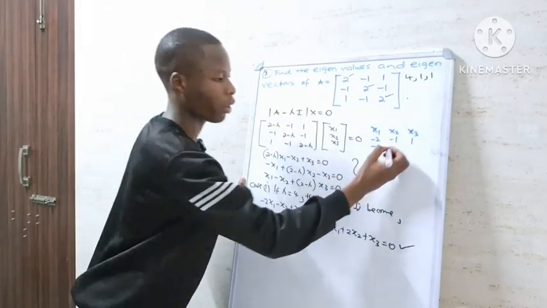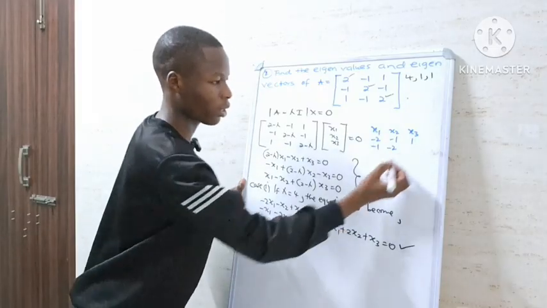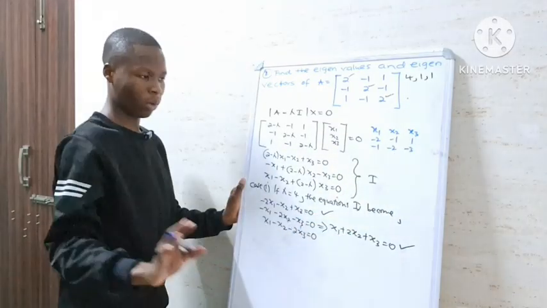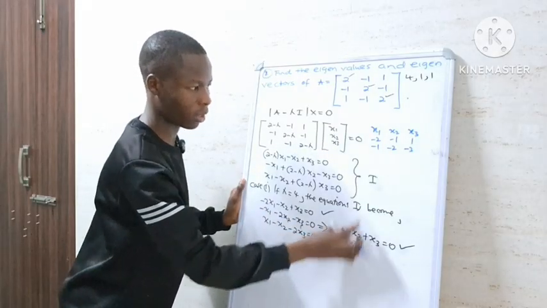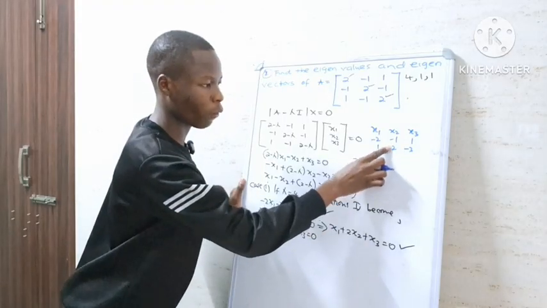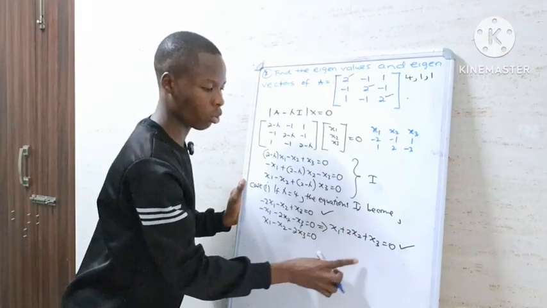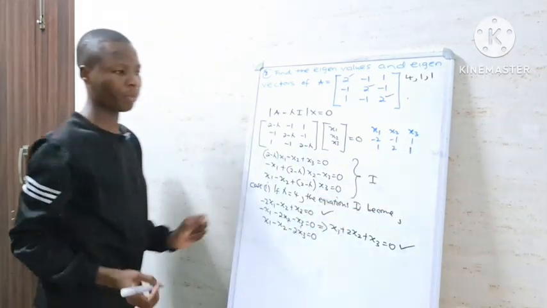The coefficient of x2 is negative 2. The coefficient of x3 is negative 10. Remember, I reduced this equation into this. So the coefficient of x1 is 1, the coefficient of x2 is 2, and the coefficient of x3 is 1.